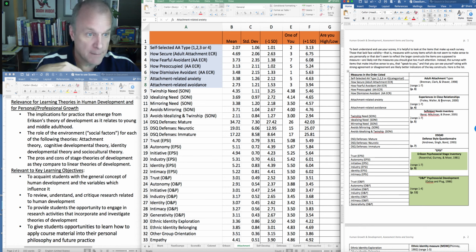But Brennan was also involved in the experiences in close relationships scale. So all of these come from the same theoretical family of measuring adult attachment. So let's make that blue.